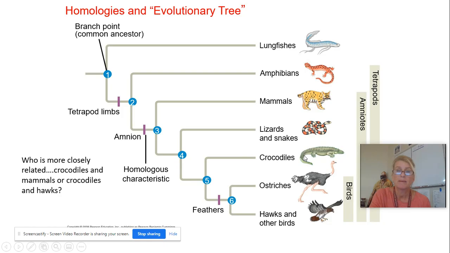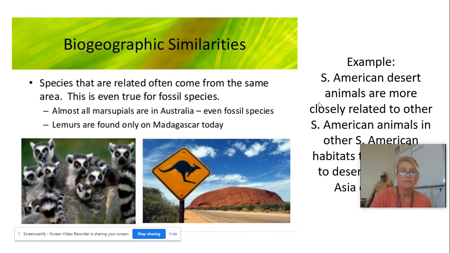Crocodiles and mammals, their common ancestor is right here. So one can conclude based on this chart that crocodiles are more closely related to hawks than they are to mammals. And indeed, we do know that birds evolved from dinosaurs, which were reptilian or reptile-like, and crocodiles are reptiles. So that kind of makes sense.